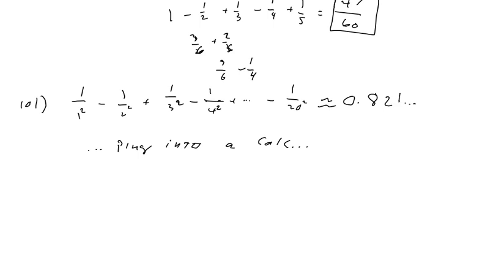There's more decimals there, but approximately. If you want to make it a fraction, you're welcome to. It's going to be a crazy fraction, but decimal's probably a little easier. So plug that into a calculator. The same thing for all the rest of those. Get yourself a calculator, plug in those answers.